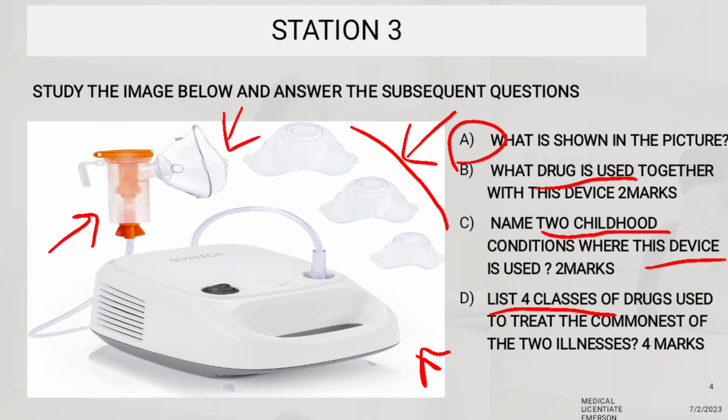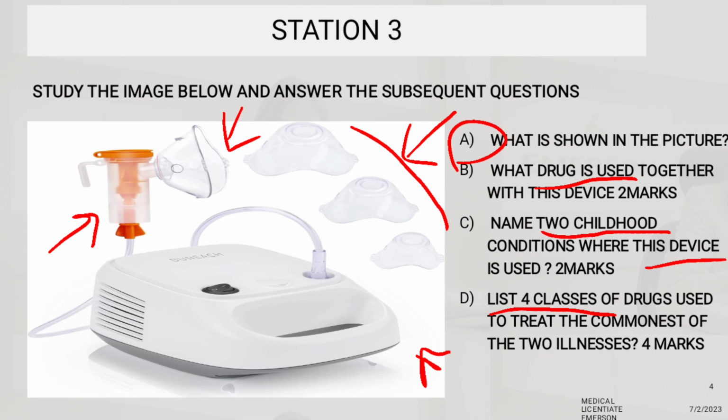So for the classes of drugs, one, we can have beta 2 agonists, where we have your short acting beta agonists, then we have the long acting beta agonists. Then we can have corticosteroids, we can have theophylline, we can have leukotriene modifiers.